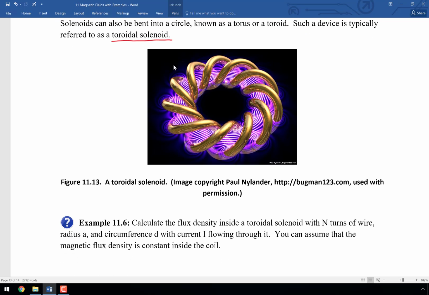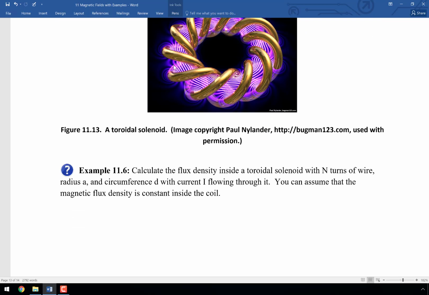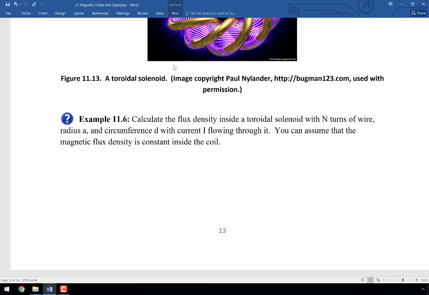So let's consider what happens with this toroidal solenoid and how strong the magnetic flux density is there. Good news for you, we've only got, again, a couple of inches, so this can't be very hard. So we're going to have a top view now. I've got a top view of this toroidal solenoid, and I'm going to draw 1, 2, 3, 4, 5, 6, 7, 8, and 1, 2, 3, 4, 5, 6, 7, 8.